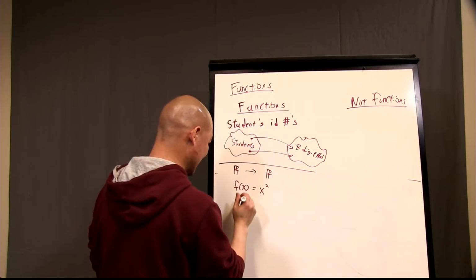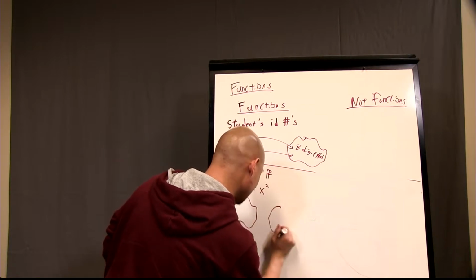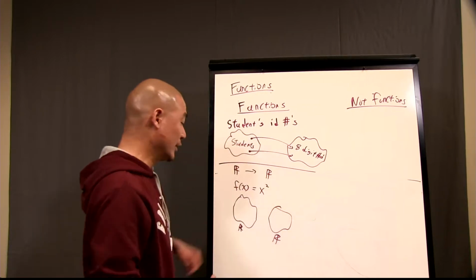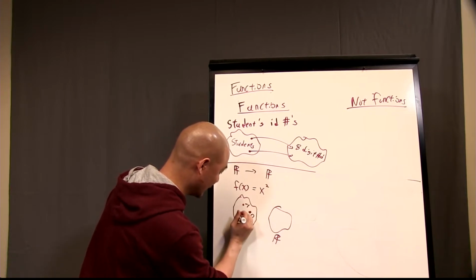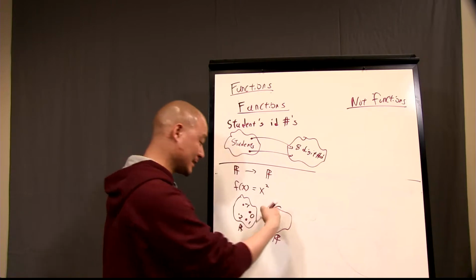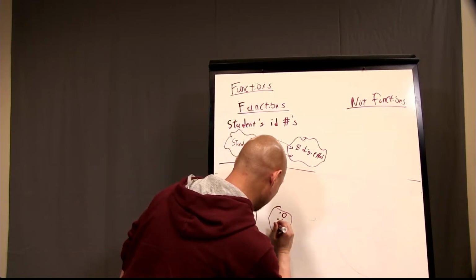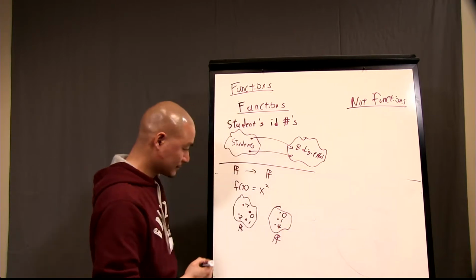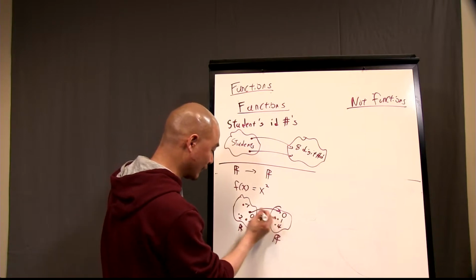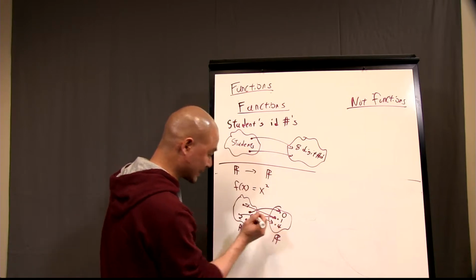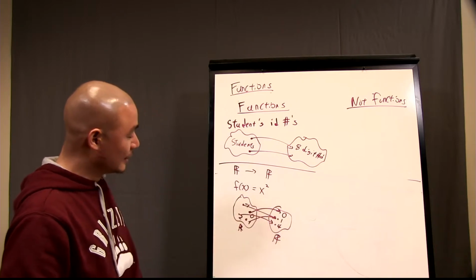What that does is it takes every real number like 0, 1, -1, 2, and assigns it to a real number like 0, 1, 4. So 0 gets sent to 0, 1 and -1 both get sent to 1, 2 gets sent to 4, and of course there's infinitely more of these.